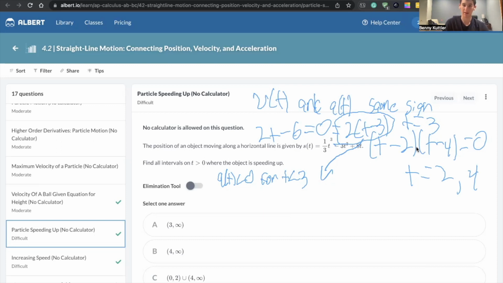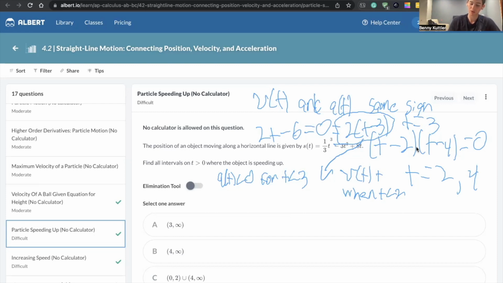We have that the velocity is positive. So v of t is positive when t is less than 2.